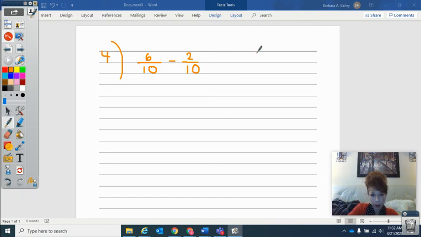All right, I'm going to rewrite this vertically. 6 tenths minus 2/10. Okay, and remember I'm only going to subtract my numerator, so I have 6 minus 2.